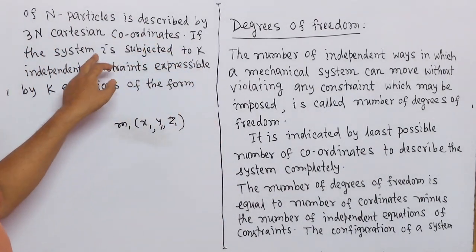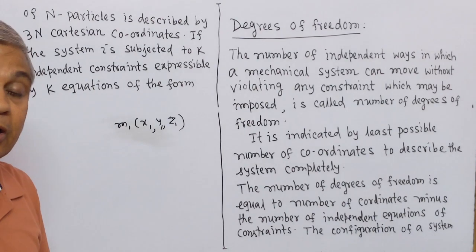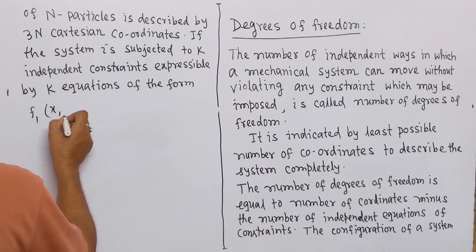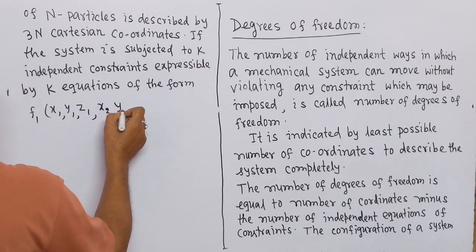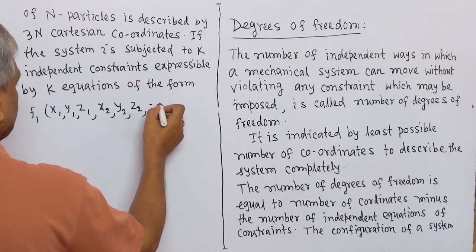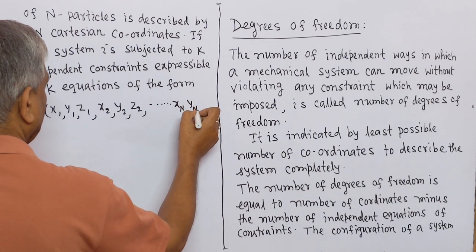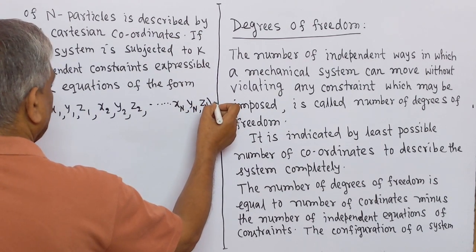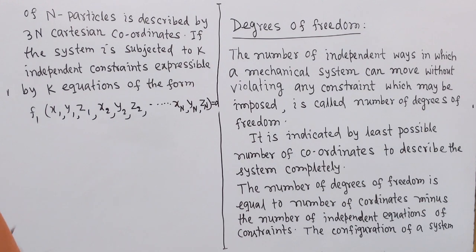If the system is subjected to k independent constraints expressible by k equations of the form f1(x1, y1, z1 for the first particle, x2, y2, z2 for the second particle, similarly xn, yn, zn for the nth particle) equal to 0. By this equation it is expressed.